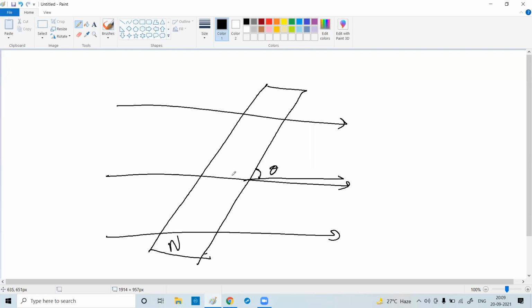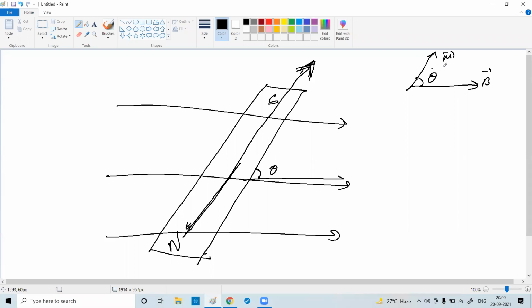Always remember, this is the north pole, this is the south pole. The dipole will be in this direction, north to south. So the magnetic field is this side, the dipole moment is this side. This is the M and this is the B. What is the angle between M and B? It is theta. Clear?